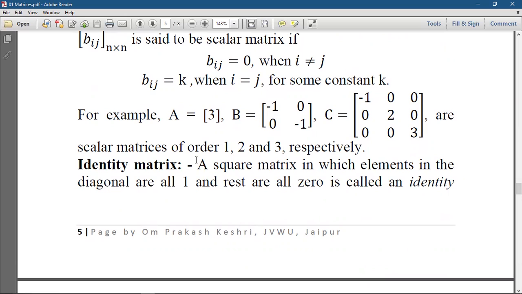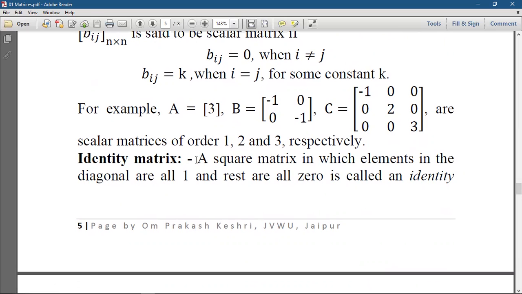Next one is the identity matrix. A square matrix in which the elements in the diagonal are all one, and the rest are all zero, is called an identity matrix.